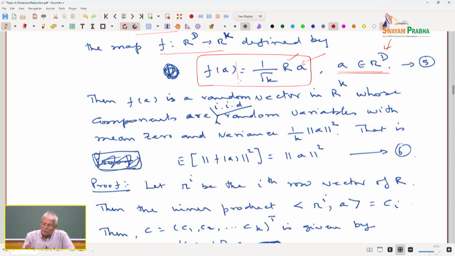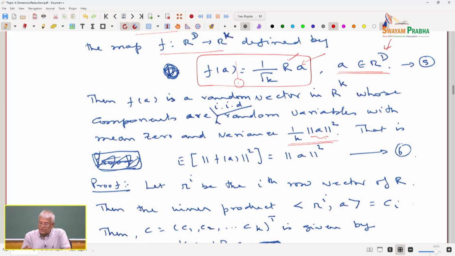So the ith component is going to be a linear combination of IID random variables, each of which has mean zero and unit variance, times the scaling factor 1 over square root of k. So f of a is a random vector in R^k whose components are IID random variables with mean zero, variance 1 over k times the square of the norm of a.